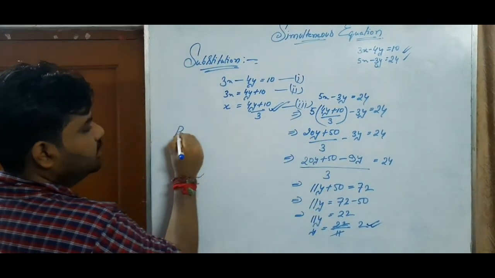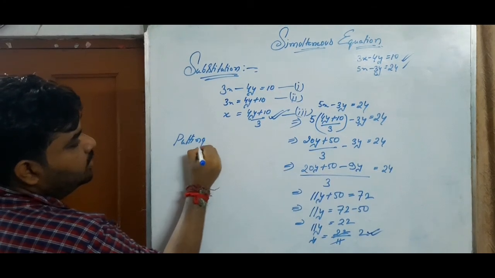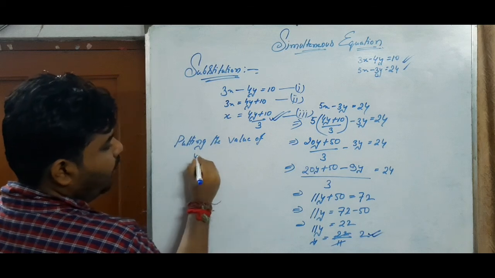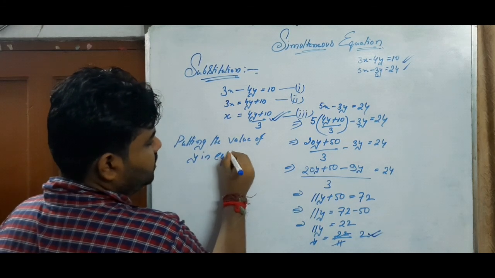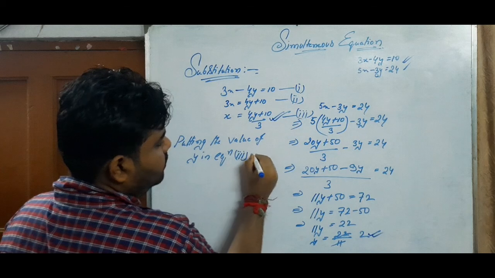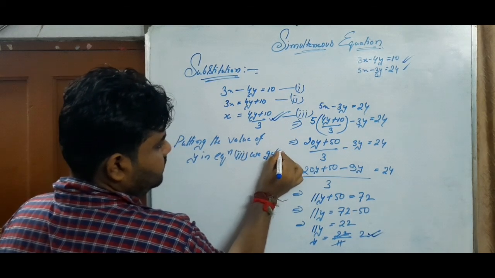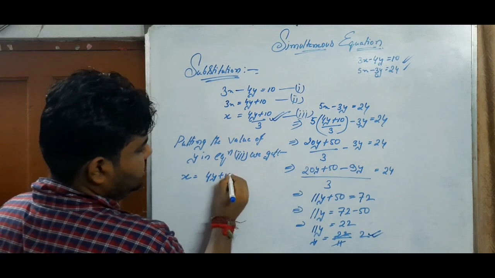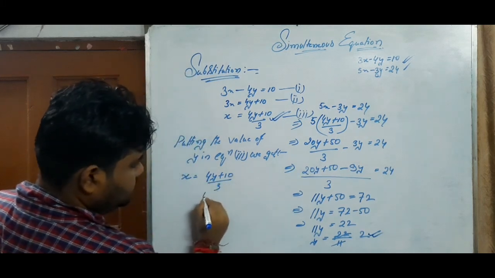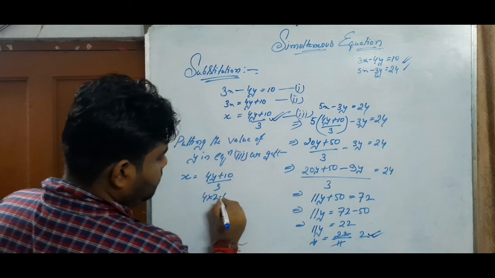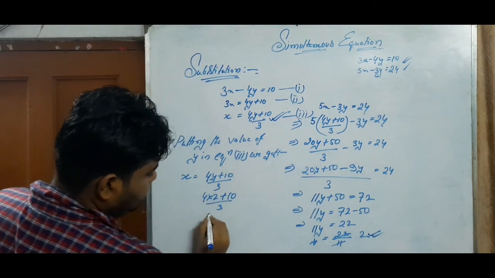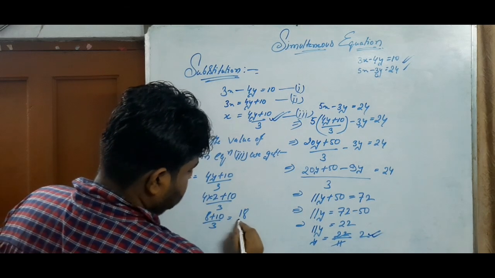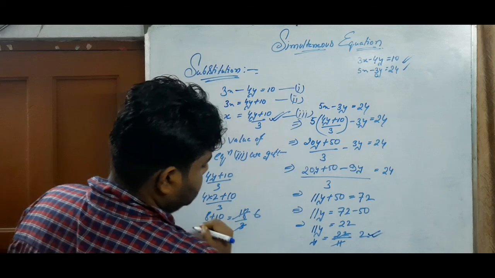Now putting the value of y in equation 3, we get x equals to (4y plus 10) whole by 3, that is (4 into 2 plus 10) by 3, that is (8 plus 10) by 3, that is 18 by 3, 6.